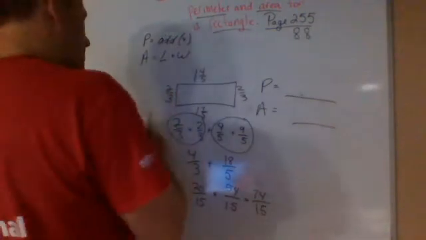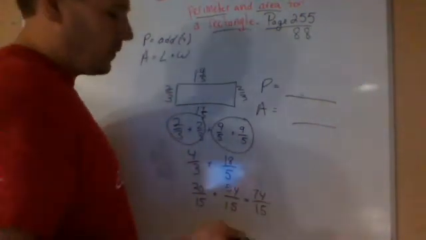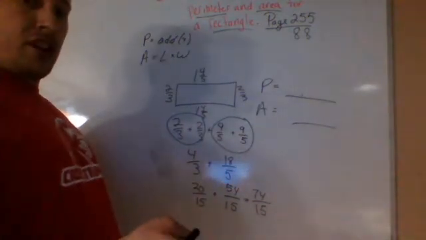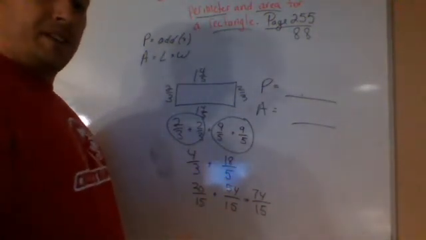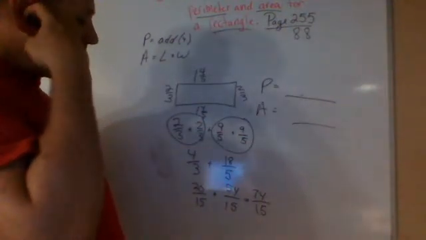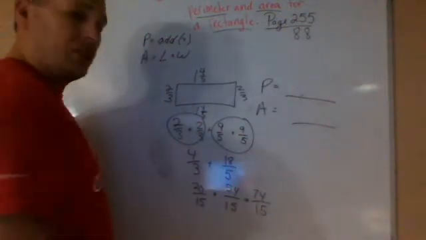All right, let's think about this. Let's take a guess. We could do our multiples: 15, 30, 45, 60, 75. Well, 75 would be too much.